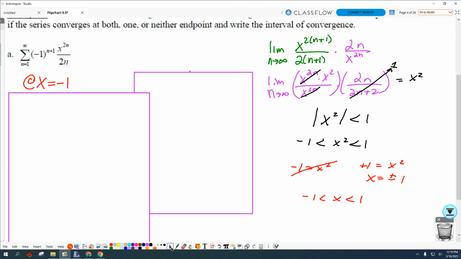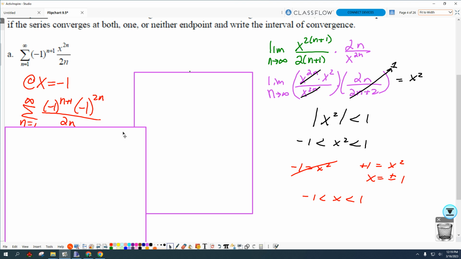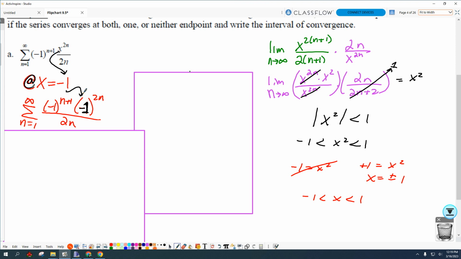So when x is negative 1, I'm actually going to plug in the x value. Instead of x, I'm going to put in negative 1 for x and say, does that one specific instance actually work?